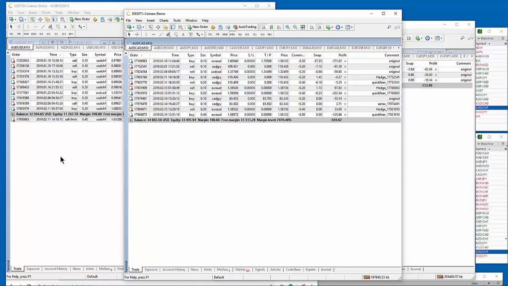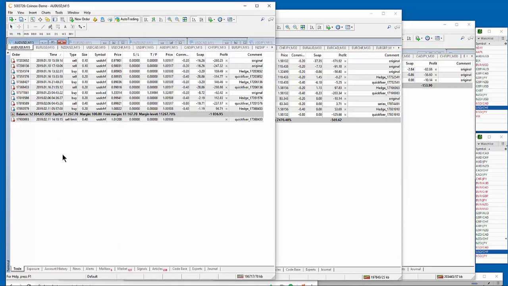Like on this account right over here, this 15-minute chart, these two trades right here that have been in here almost from the beginning of when this account started trading, these two trades have already been responsible for yielding $485 worth of profit, right?